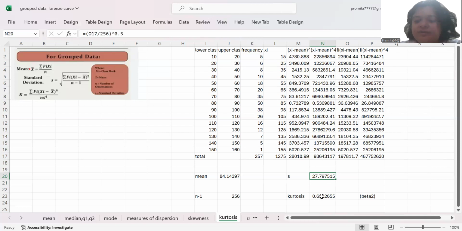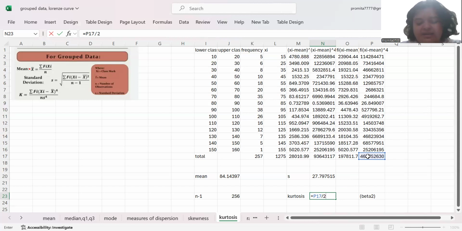So kurtosis will be summation fi into xi minus x bar to the power 4, which we have calculated earlier, divided by n into the standard deviation to the power 4.